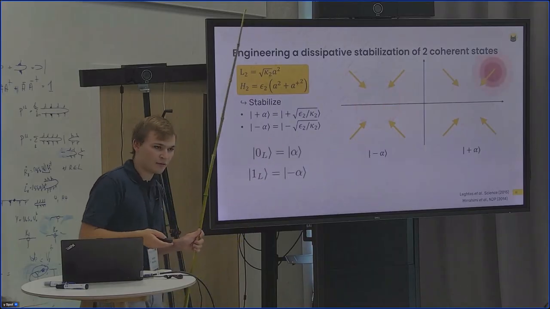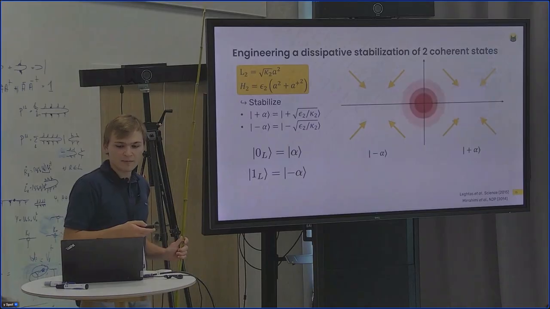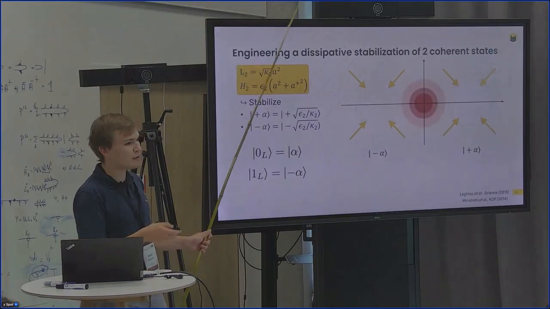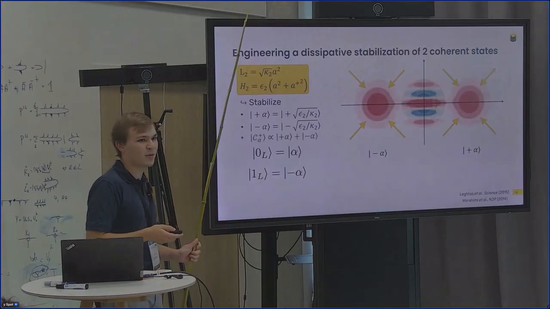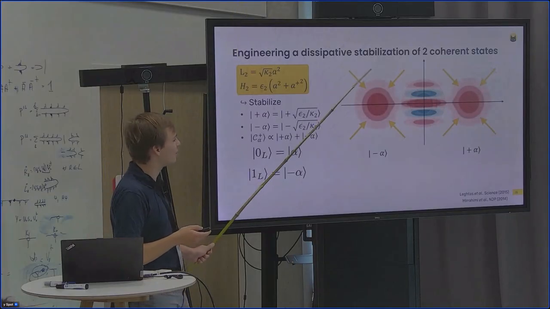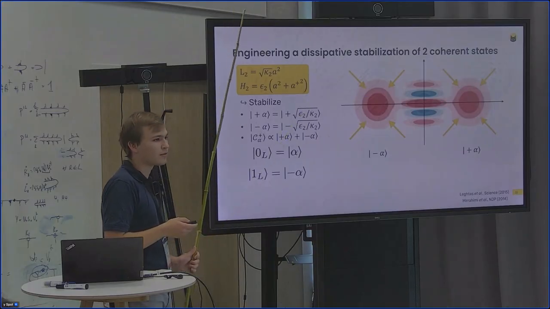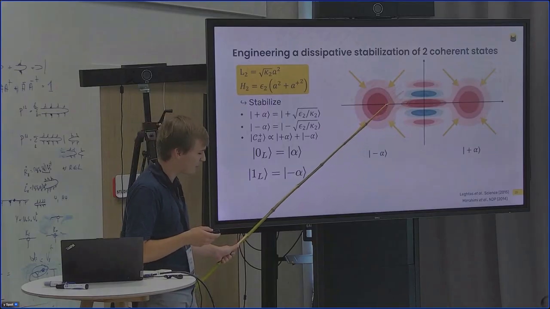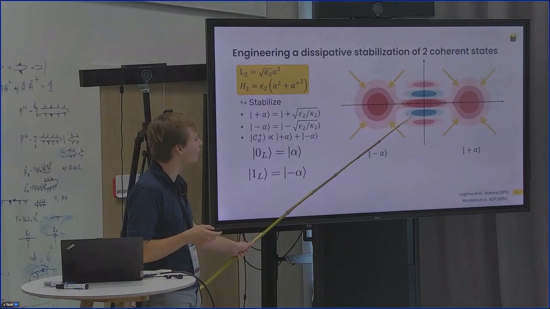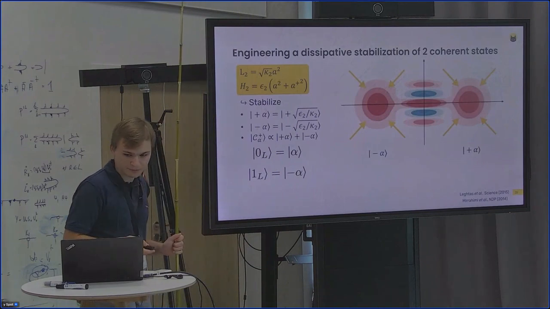If you start in a state which is close to plus alpha, you will go back to alpha. And if you start, like in the video before, in the middle, so in an empty cavity basically, then you will have an actual quantum superposition. So you end up with a state with superposition. And here, the way that you can see with the Wigner function that you have a quantum thing happening is that your Wigner function becomes negative. The blue here means that your Wigner function is negative, which is a trace of quantumness.